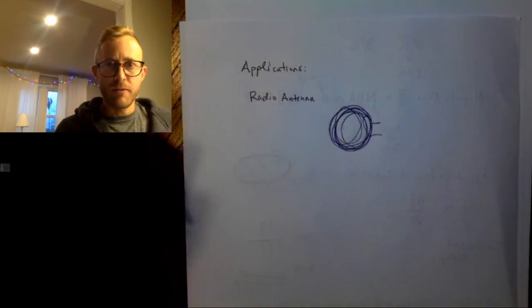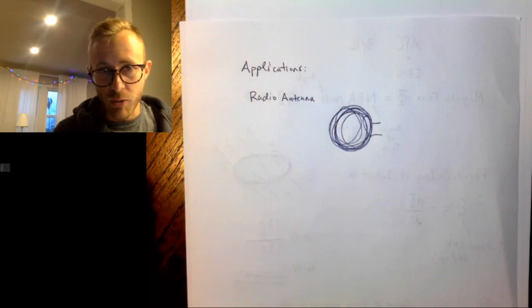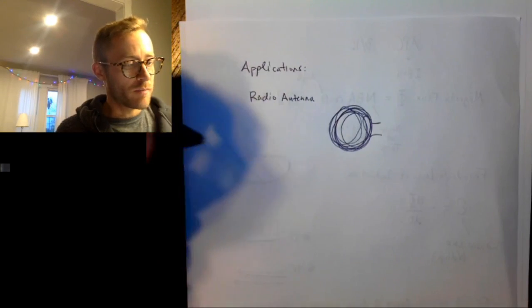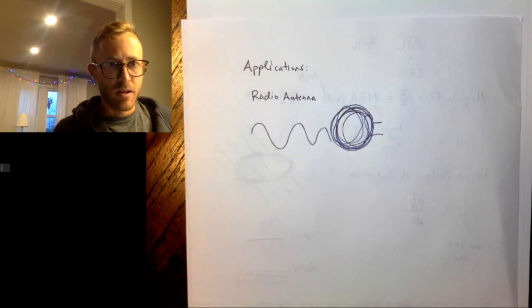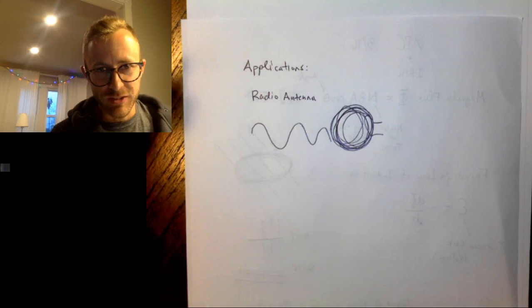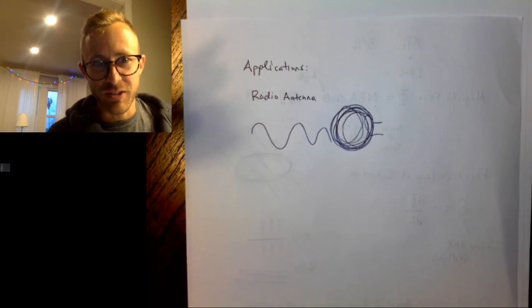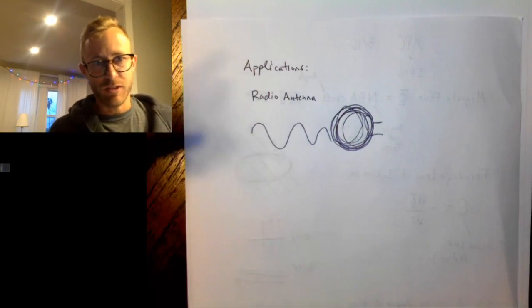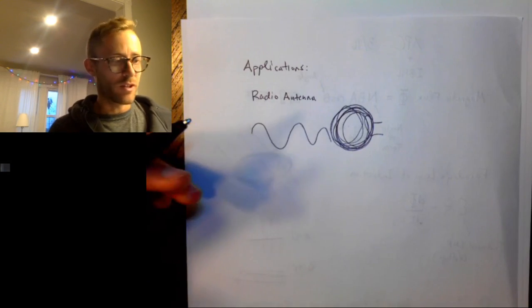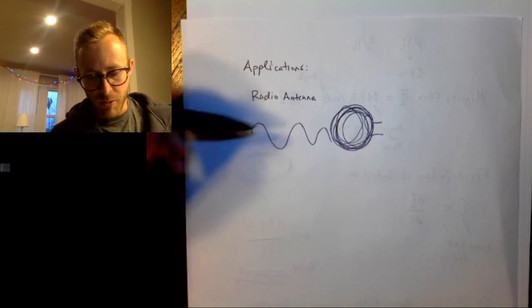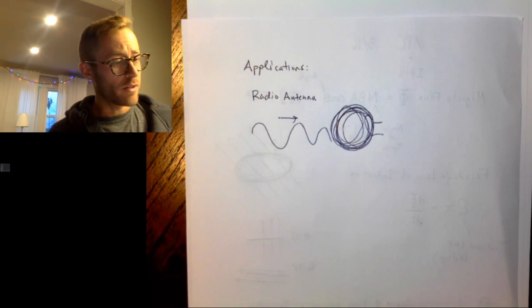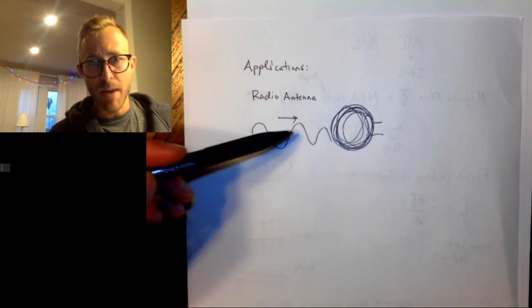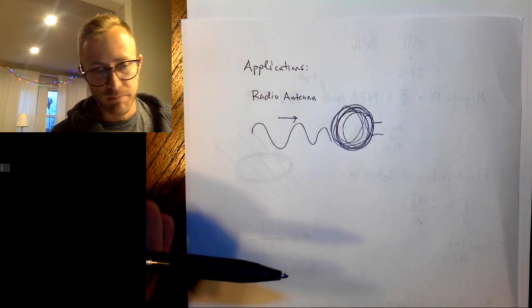And you have a radio wave goes by the antenna. Now a radio wave is a magnetic field that depends on time and an electric field that depends on time, but it's both of those things. So if the radio wave zips by the antenna, it will create a magnetic field that's changing in time.